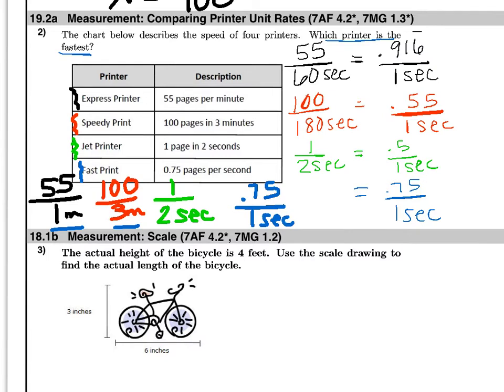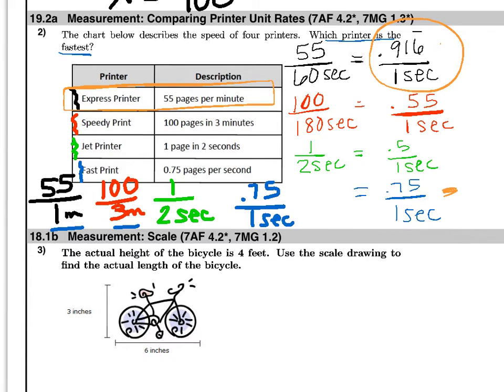It's also bigger than 0.55. So right now 0.75 is the biggest down here, but when you compare them up here, this one is actually almost a full page. So that one's actually the best. You get almost a full page in a second. So that's the black one, and this Express printer is our fastest printer.